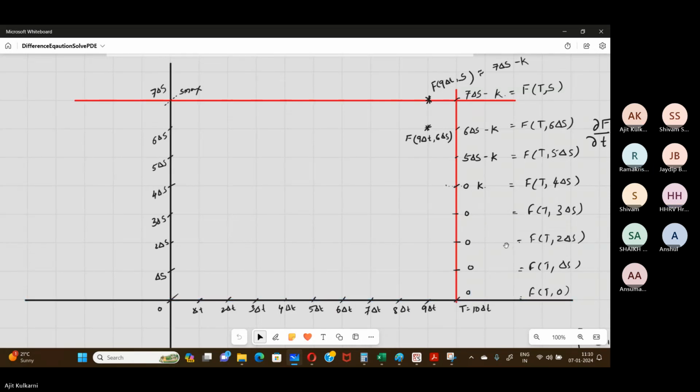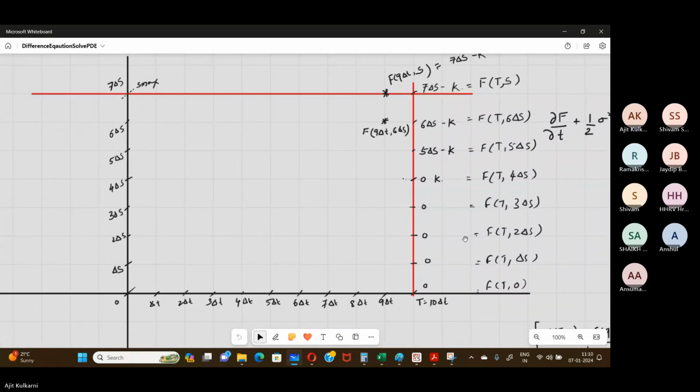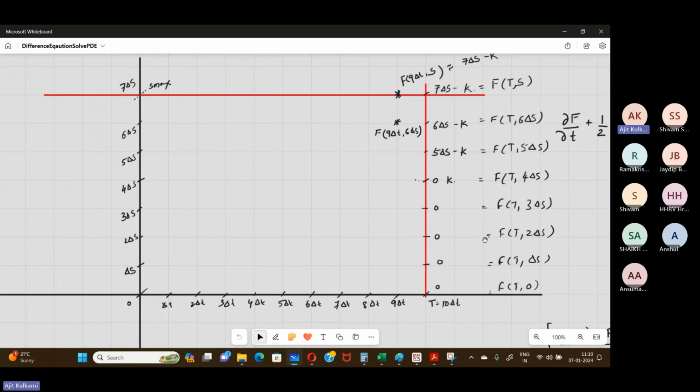Now, can you find what the boundary values of it are? You can pretty much find that, right? So at expiry, your option is going to take only max of s minus k values. So you know what values you will have along this boundary.